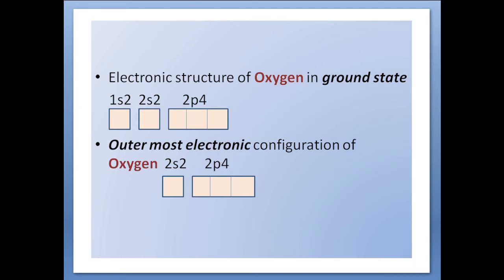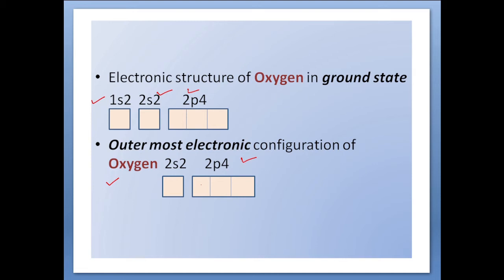Now let's see the electronic configuration of oxygen, which is 1s2, 2s2, 2p4. The outermost electronic configuration of oxygen is 2s2 and 2p4.